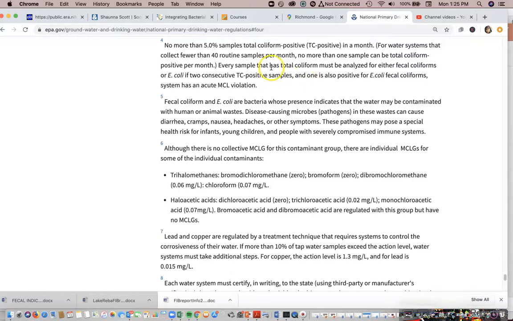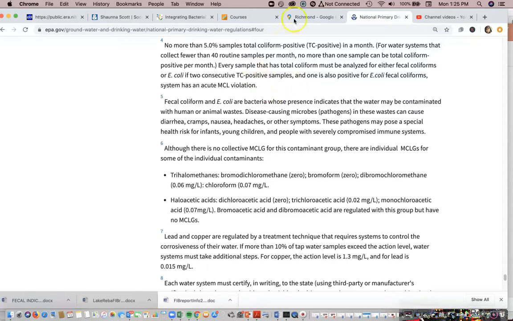So every sample that has a total coliform test done has to be analyzed for fecal coliforms or E. coli. And in the event that you've got 2 consecutive total coliform positive samples and 1 happens to have E. coli in it, even just one, it's a failure.